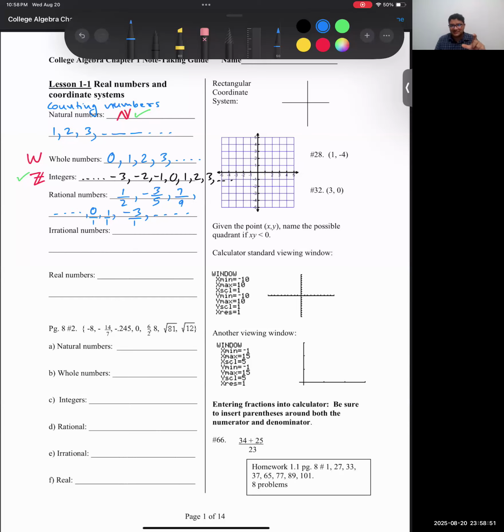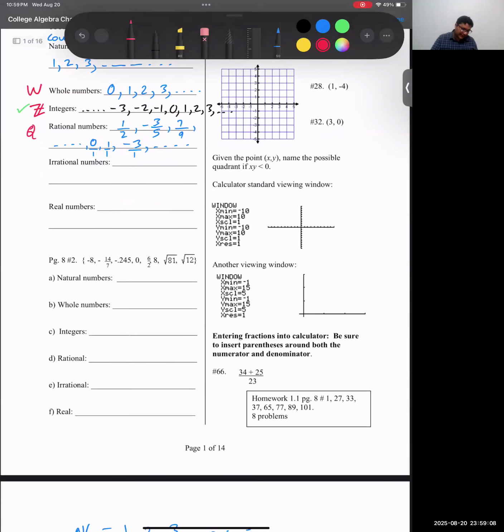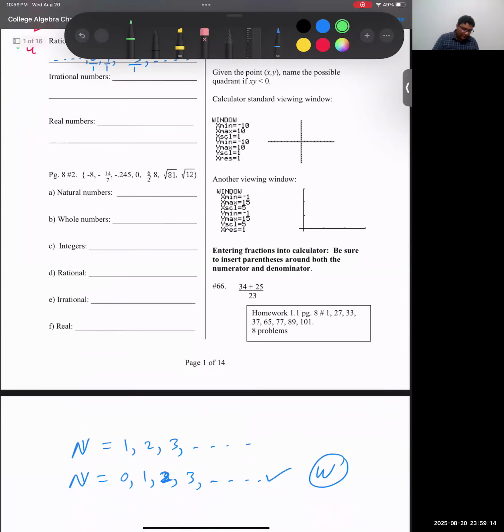So you can write it as a fraction, right? These are all called rational numbers. There is a formal definition of rational numbers, which I'm going to write on the next page, which you might want to keep as extra knowledge. Q again is a standard notation for rational numbers. You might want to note that.